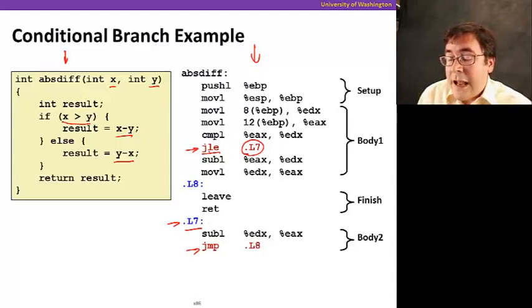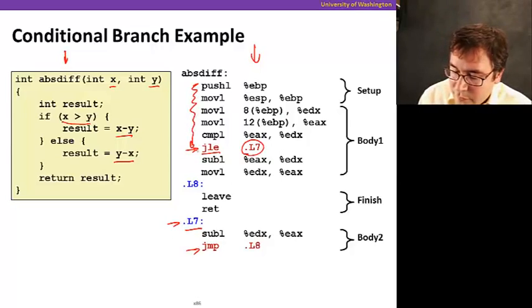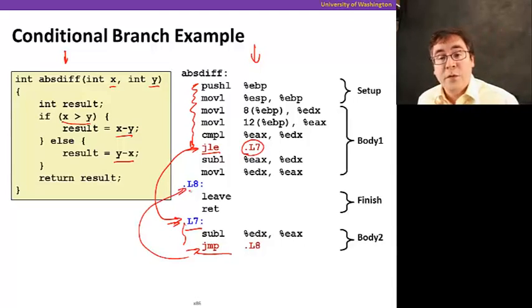So if the comparison does lead to a less than or equal result, the program execution is going to go to here. When it reaches this instruction, it's going to jump here, and then this instruction is going to be executed. Now there's an unconditional jump here that just branches to .L8, a different label, to return from the function.